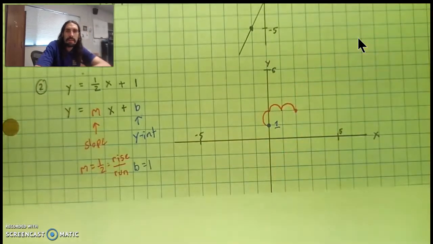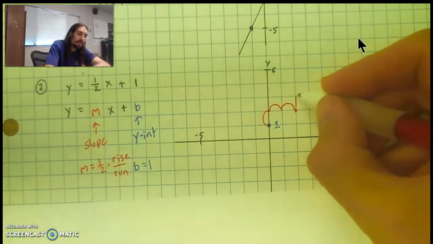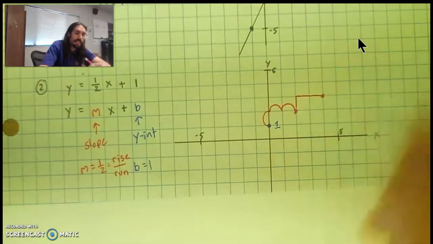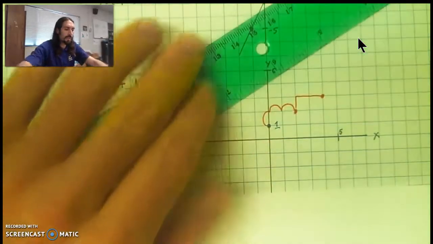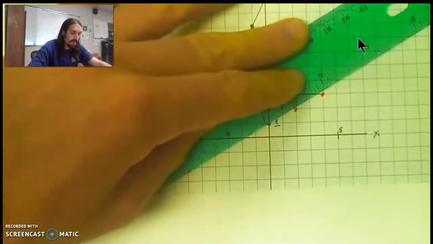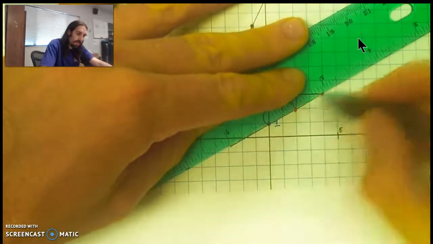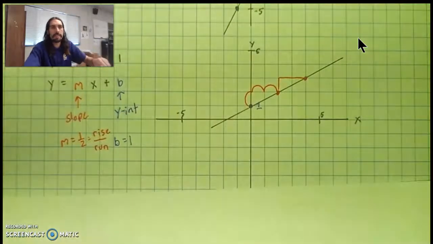And that's now my next point. And I can do that again. I'm going to go 1 square up, and I'm going to go 2 squares to the right. And that's my next point. Okay? If we were to connect those 3 points that we've drawn as such, we now have the equation of our line.